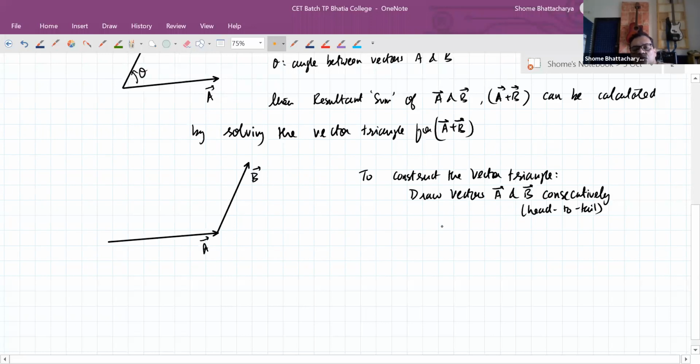In other words, draw the vector A, and then from the head of vector A, draw the vector B, so that this angle here is theta.